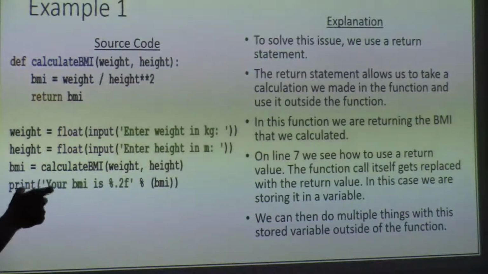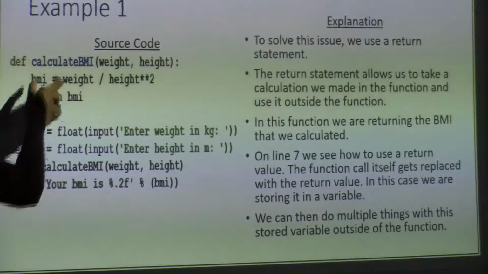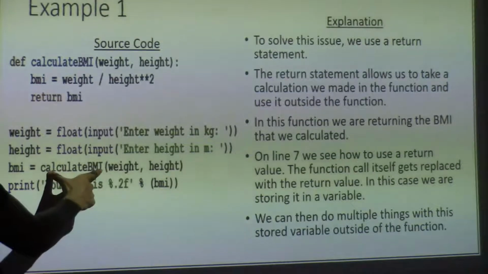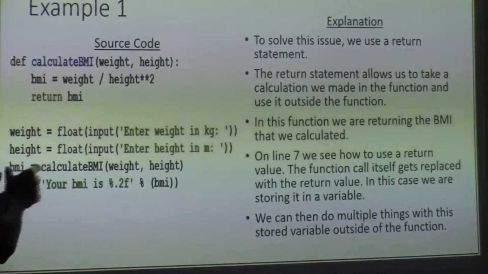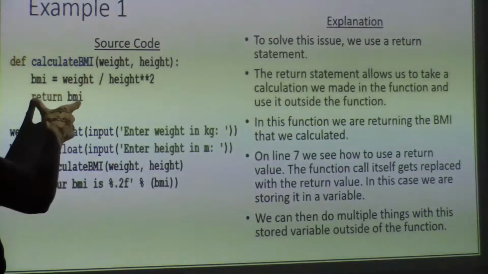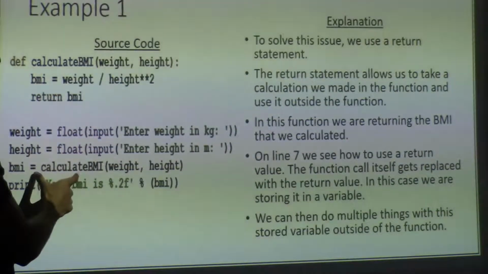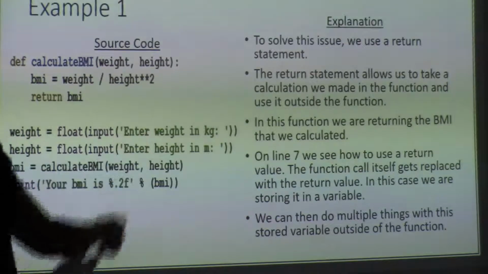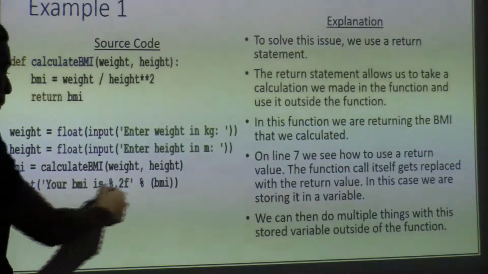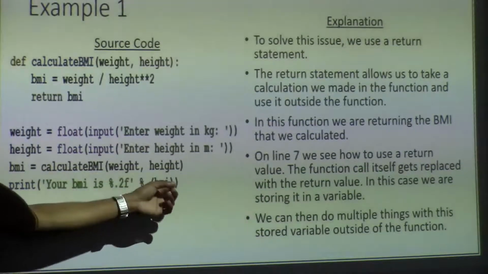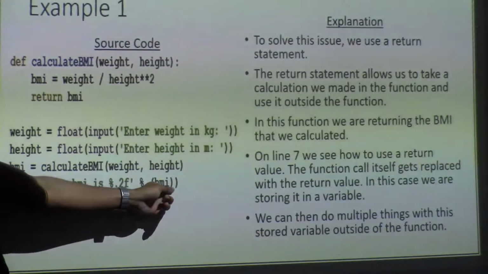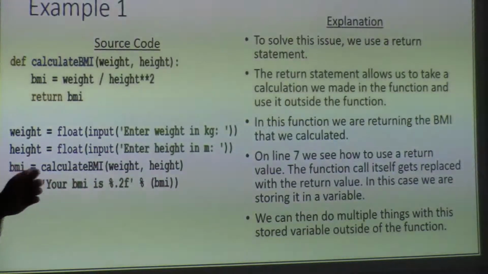We have to create a variable. I used the same variable name, and I said BMI equals, and I made it equal to my function, which returns this BMI value. So it's equal to calculate BMI, and we pass two parameters of weight and height. And then now I'm able to print out my BMI because I'll be able to find my BMI variable. This is looking for a global BMI variable, and that's what I have right here.